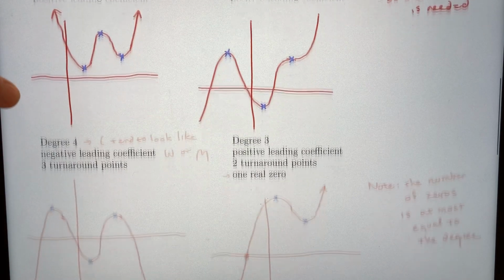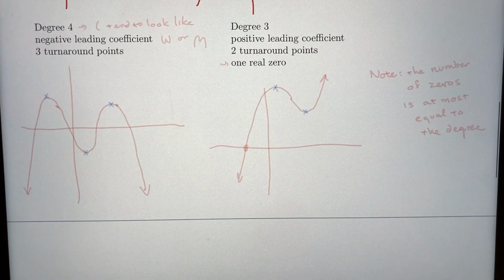Okay, so this next one, degree 4, negative leading coefficient, it's upside down, 3 turnaround points. So one thing about degree 4, we call them quartics, degree 3 is cubics. They tend to look like W's or upside down W's.